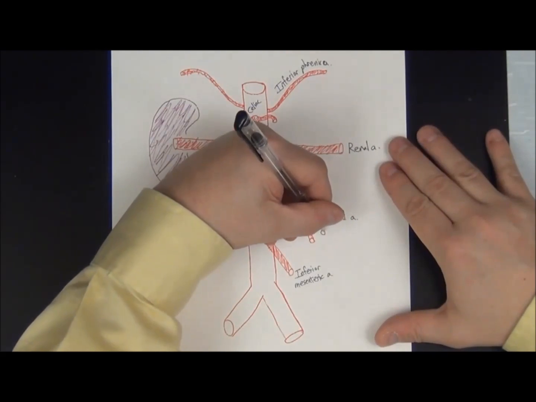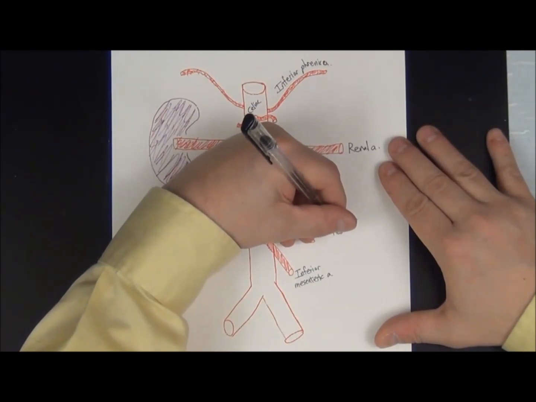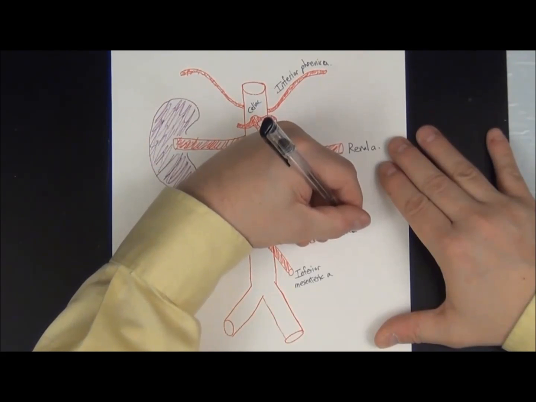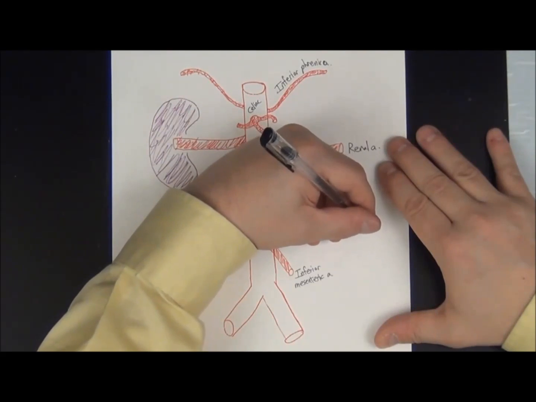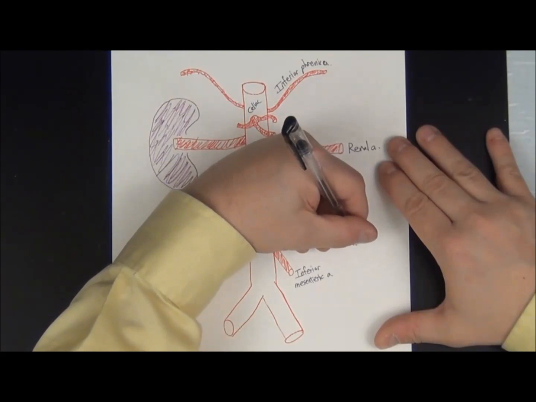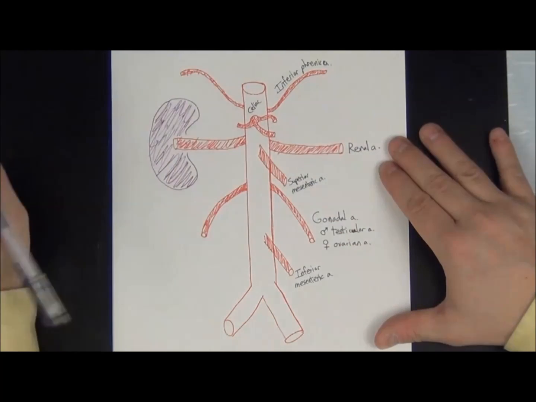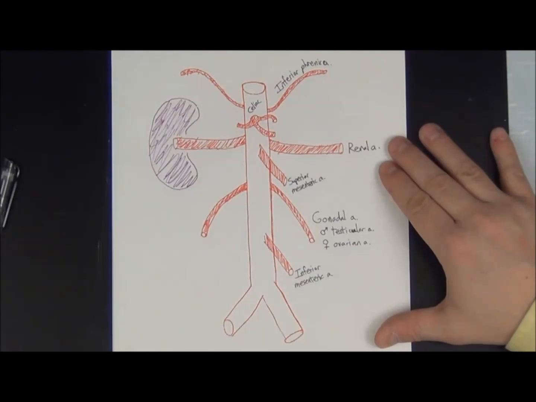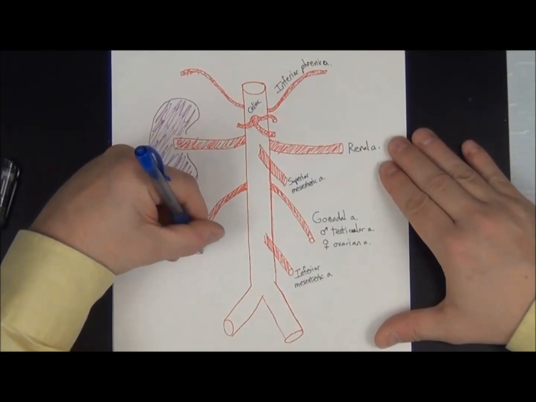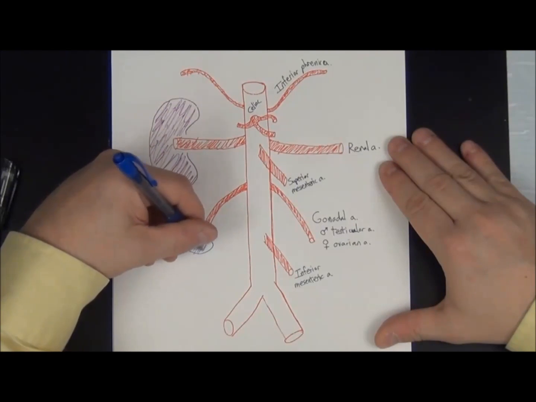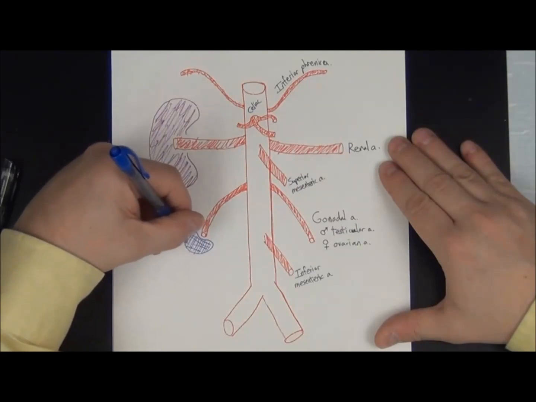And if you're a male, there's a testicular artery and it descends all the way down to the scrotum. And if you're female, ovarian artery, hanging out on either side of the uterus, right along the line of the oviduct, releasing eggs into that area.